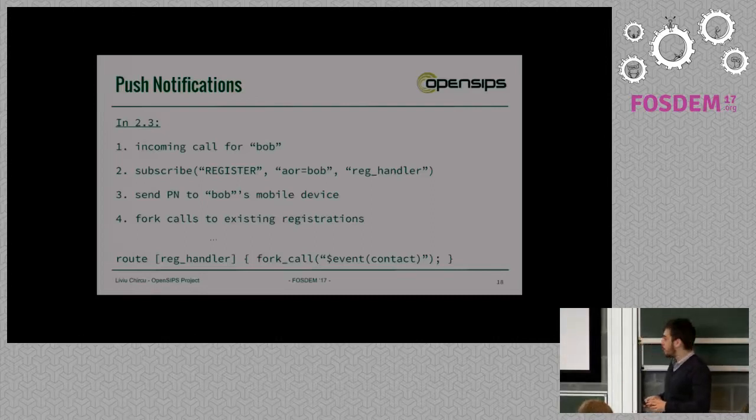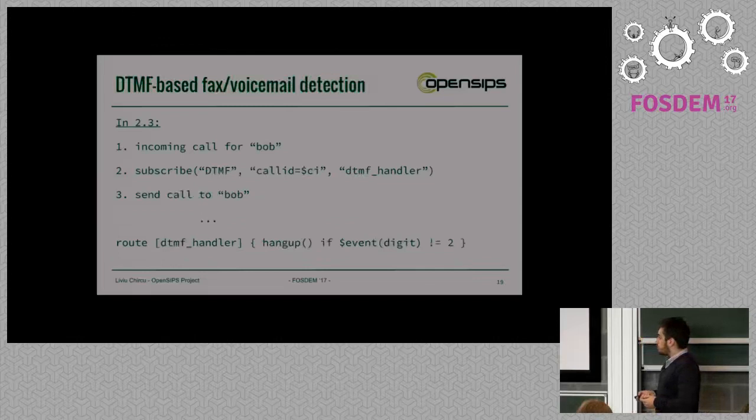Another possible application would be that it opens the door to automatically detect robots on the other side, I mean, fax machines or voicemail. With this in mind, we would subscribe to a DTMF event linked to a certain call ID, and simply forward the call.